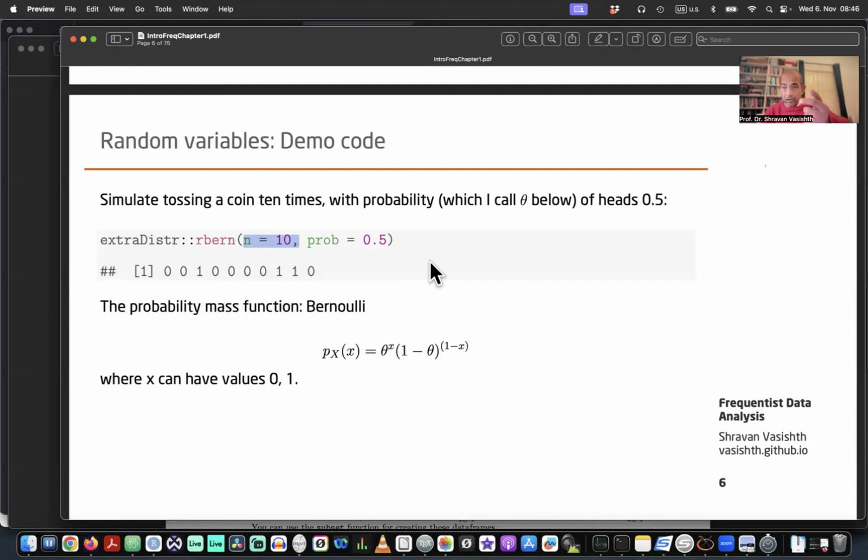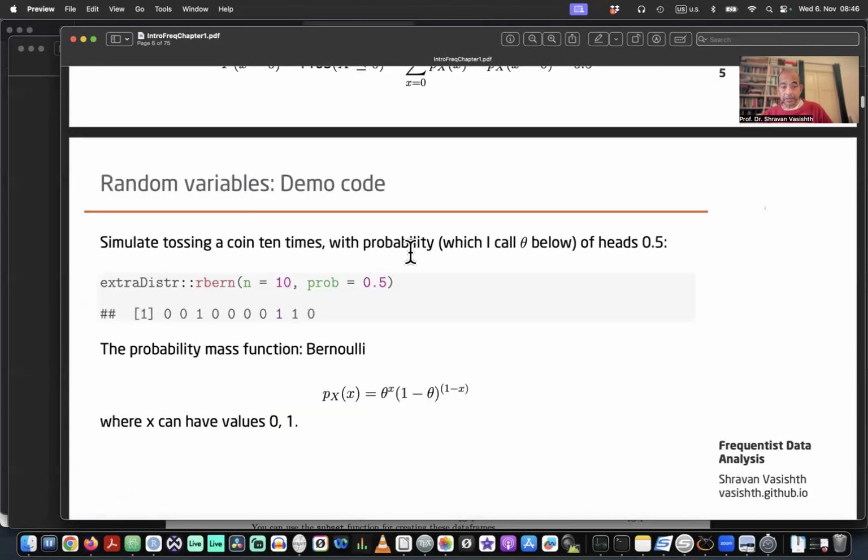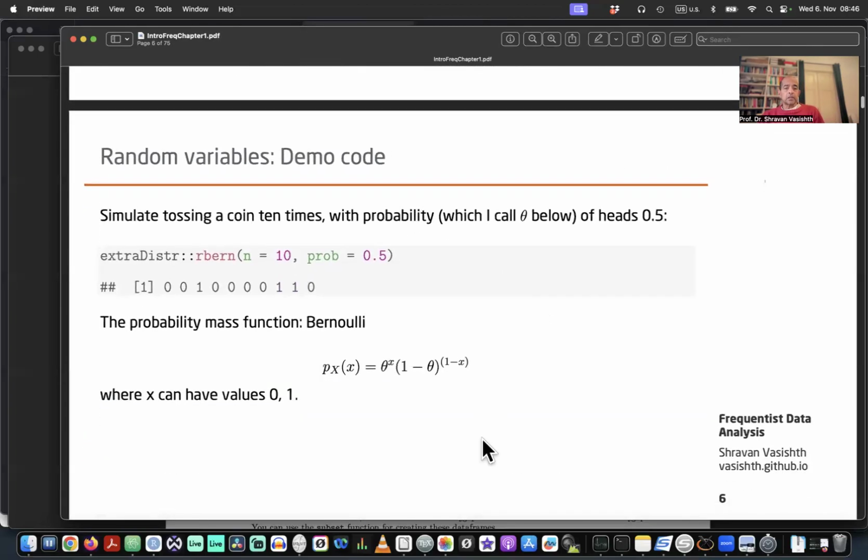Basically, I'm tossing the coin 10 times, and each one of those coin tosses is a Bernoulli trial. That means each one of them is producing a 0 or 1, just like what I just explained, but I'm doing it 10 times.